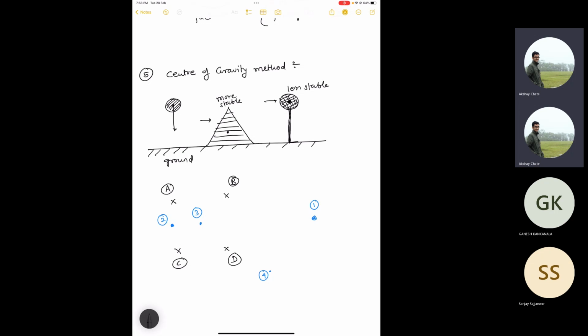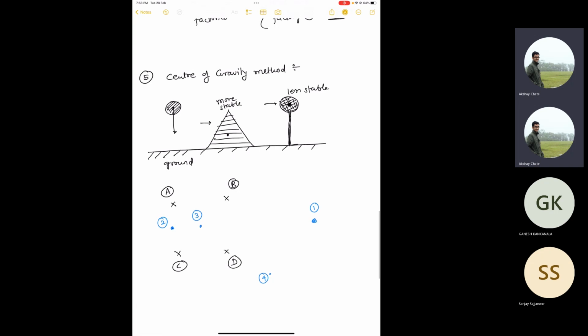See this choice A. It is farthest from A and C, and far from A, B and D also. It is not very close to B and D. Coming to second option, it is close to A and C, but it is far from B and D. But this third point is equally distant from all four, right?